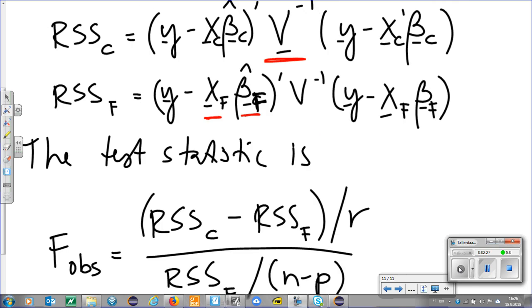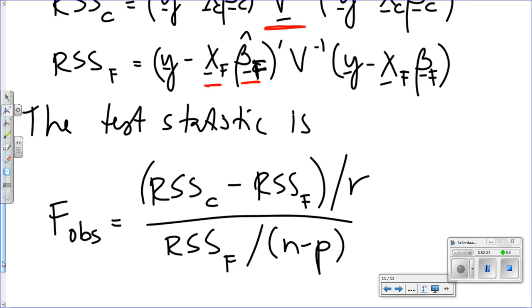And the test statistic is obtained by taking the difference between the residual sum of squares for the constrained model and that of the full model.